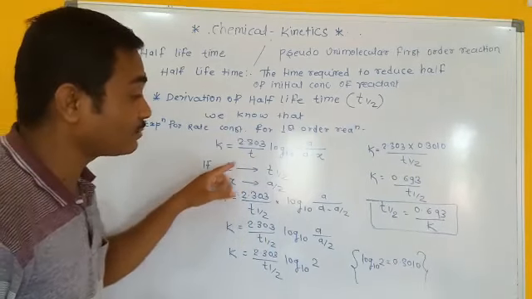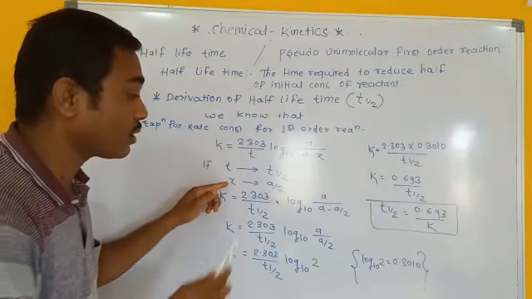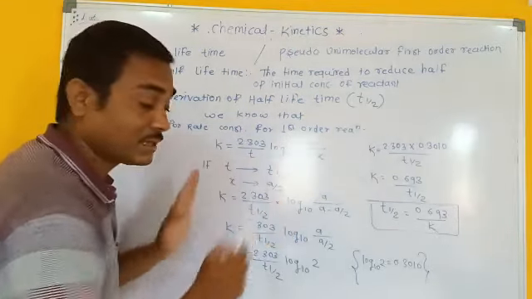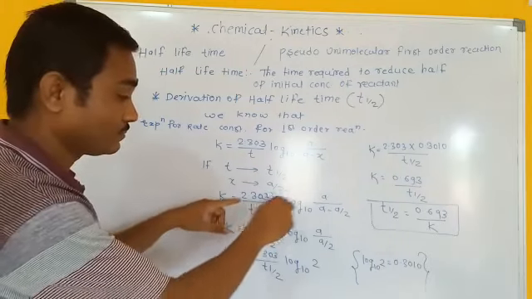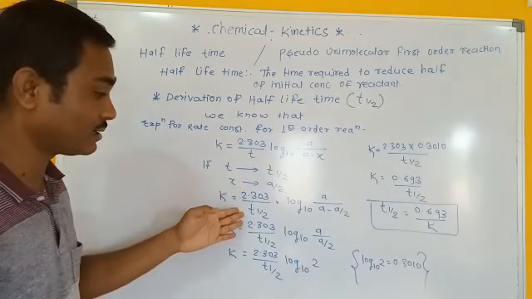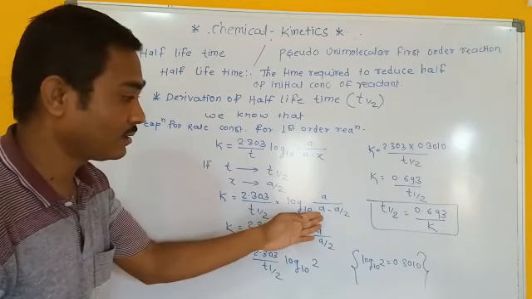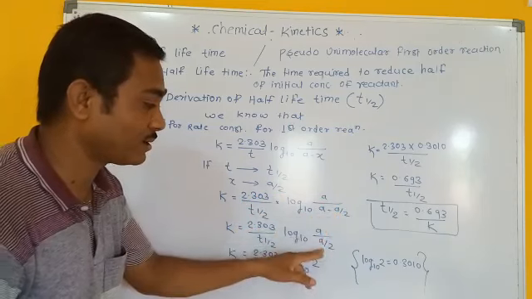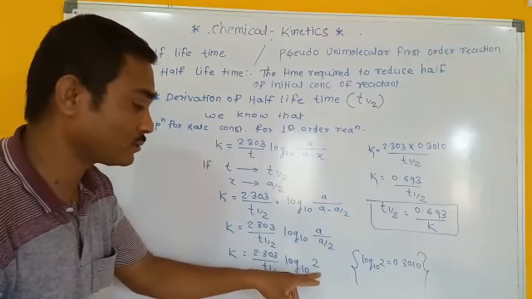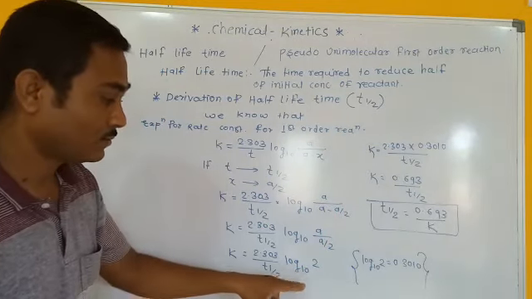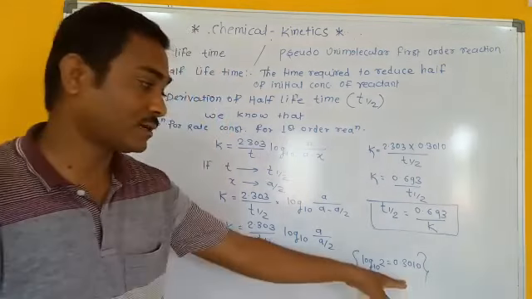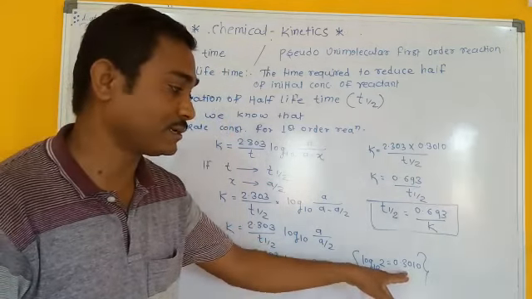When the time becomes half, the concentration of reactant converted into product becomes A by 2. Put this value and the equation becomes K is equal to 2.303 divided by T half log to the base 10 A divided by A minus A by 2. A minus A by 2 becomes A by 2. Now cross multiplication gives 2. The value of log to the base 10 2 from the log table is 0.3010.